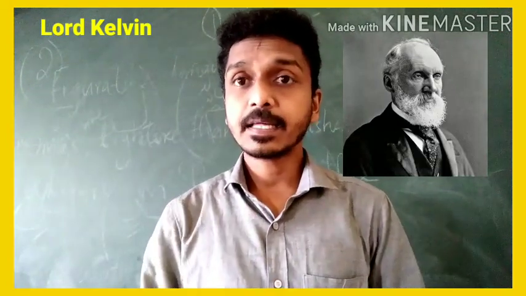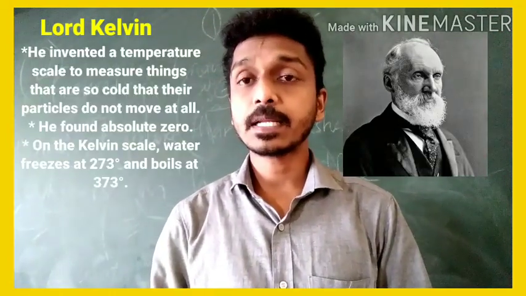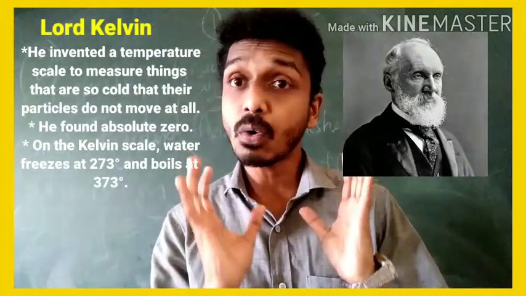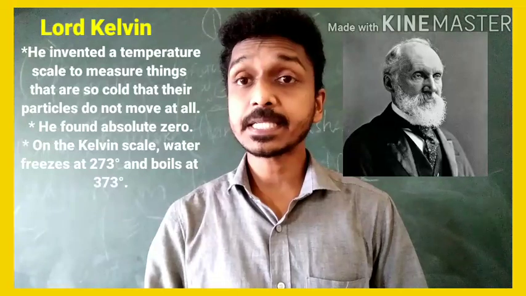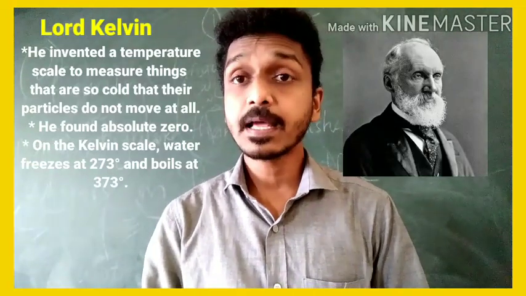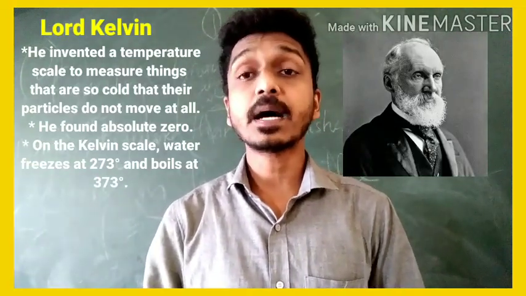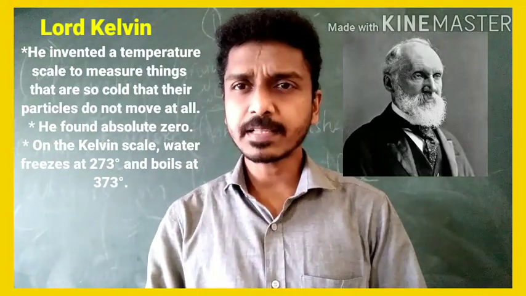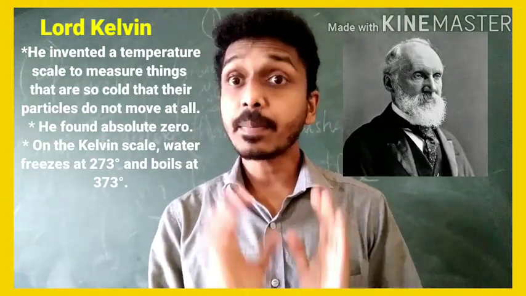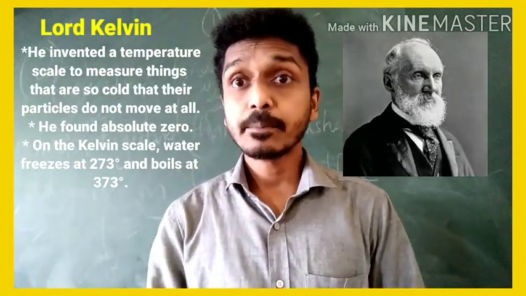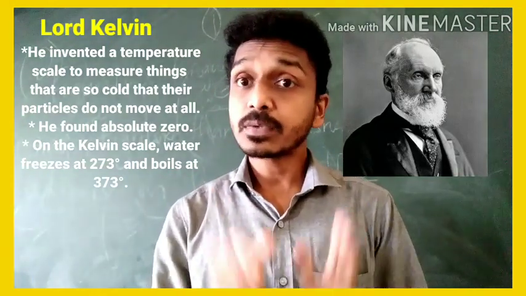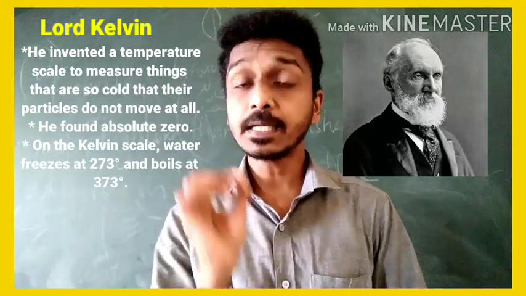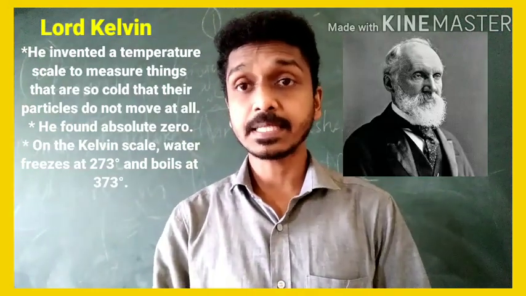At last, they invented a temperature scale by which they can measure the temperature of cold things whose particles do not move. We know that cold things always have the lowest temperature, right? And their particles do not move. So they wanted to measure the temperature of such things by their temperature scale.